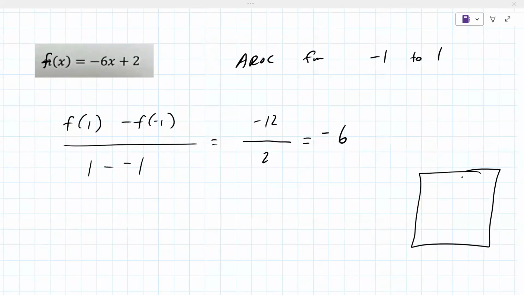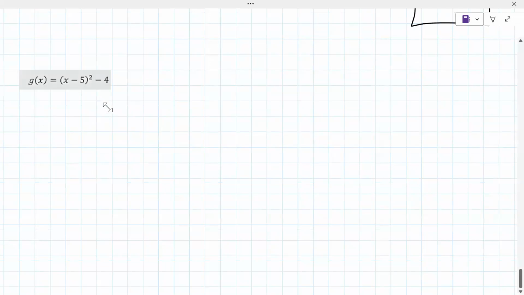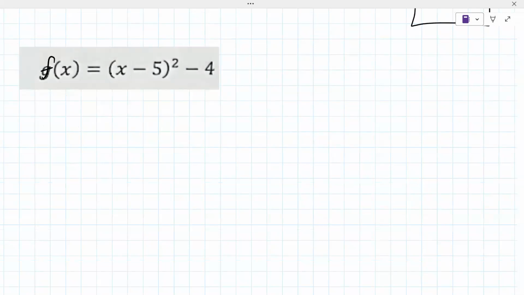Let's try another one. All right, so let's call this f of x, average rate of change from 3 to 6. 3 to 6 this time. Okay. All right. Let's see. So windy.